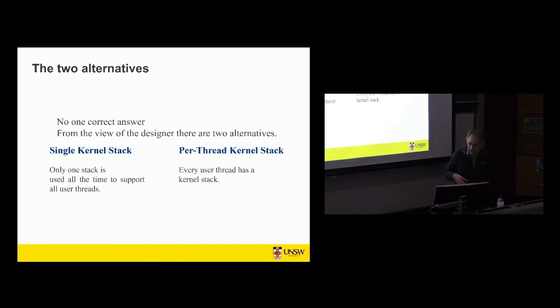So at a high level, if we're going to divide this in two, you can build an operating system with a single kernel stack, or you can build an operating system with multiple kernel stacks. And that largely will pigeonhole you into events versus threads. Okay.